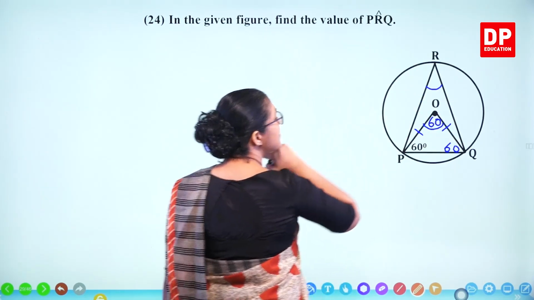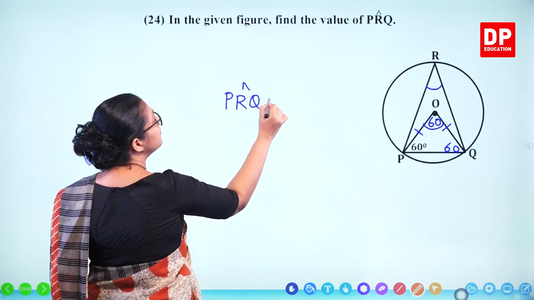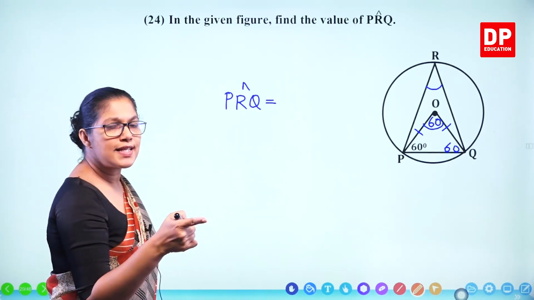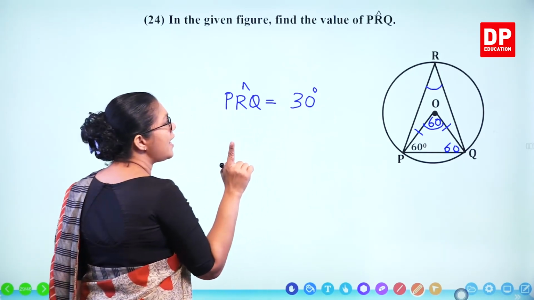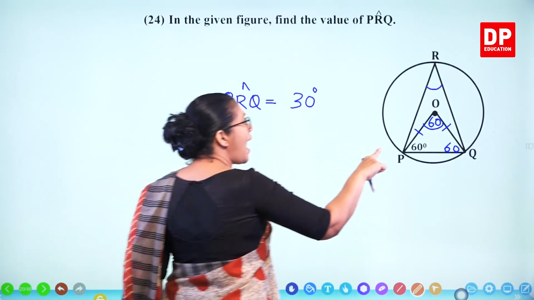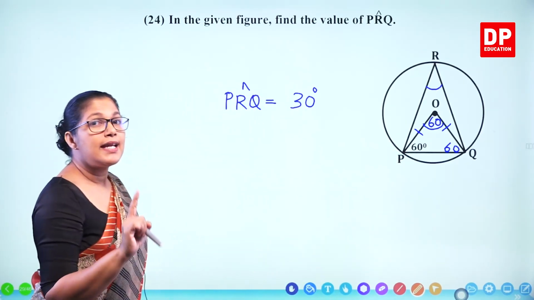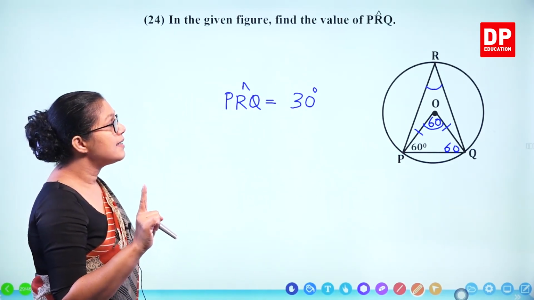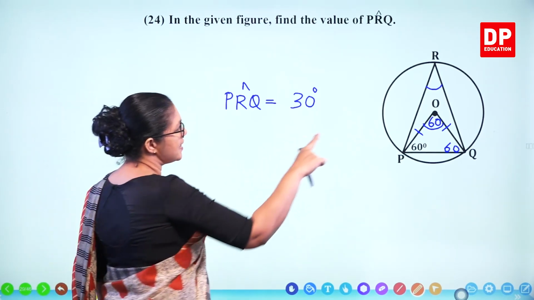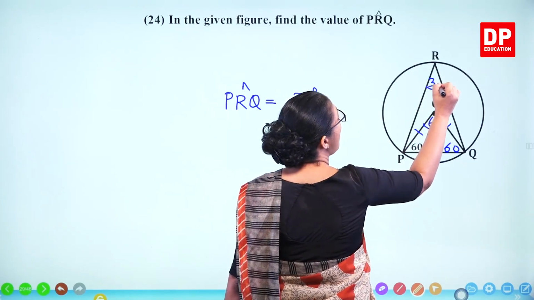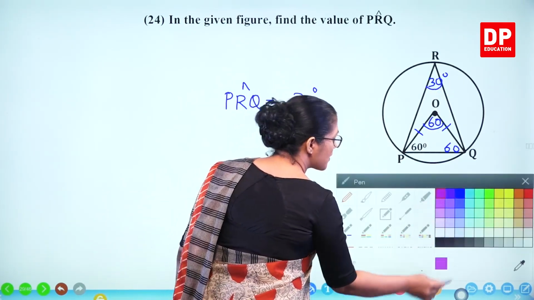If this is 60, what is angle PRQ? Half of 60, so 60 divided by 2, 30. Why? We know the angle subtended at the center is double the angle subtended on the circumference. So if this is 60, this is half of it, 30. So 2 marks for that.